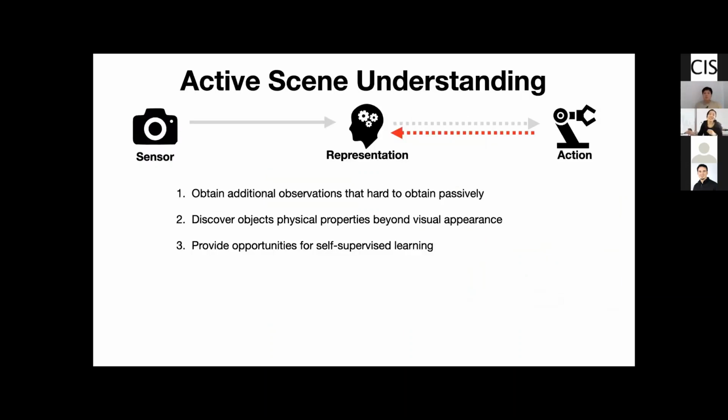To summarize, in today's talk, I tried to highlight three main advantages of active scene understanding. It can help the system obtain additional observations that are hard to obtain passively, and discover the object's physical properties beyond their visual appearance. And finally, it provides new opportunities for self-supervised learning in robotics.